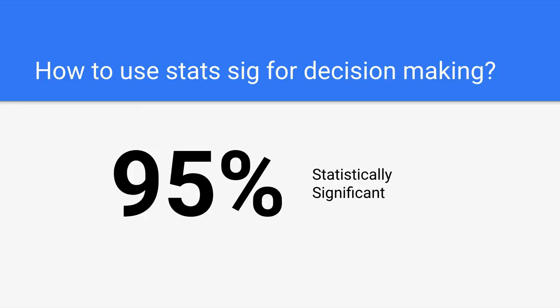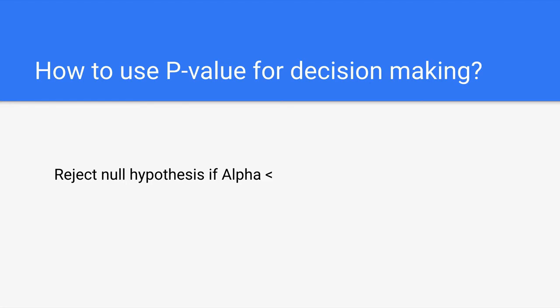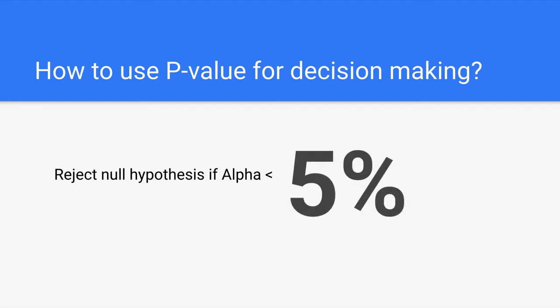Now let's take a closer look at how we should be using p-value and statistical significance for decision making. You probably heard of the gold standard, 95% statistical significance. You might also have heard in null hypothesis testing to set the alpha value to 5%. And 5% here is equivalent to our p-value.